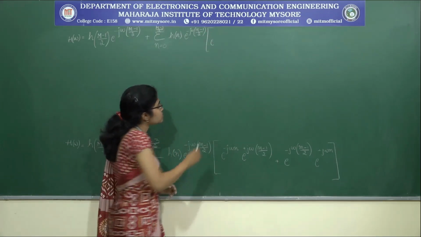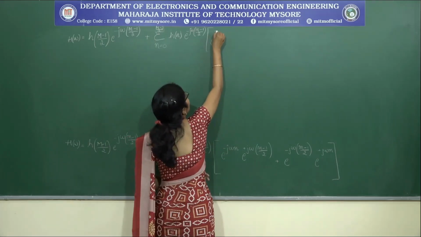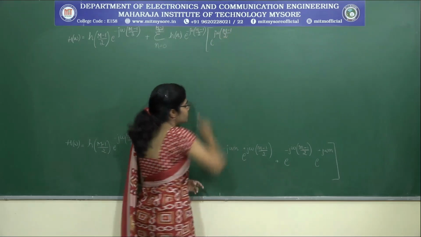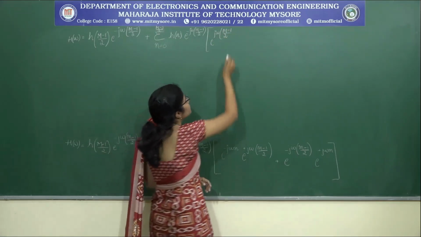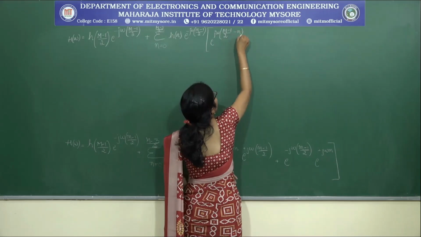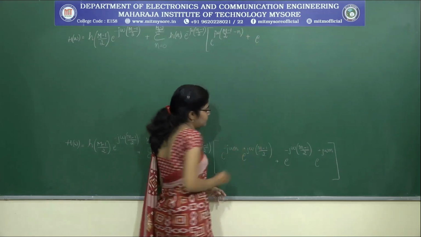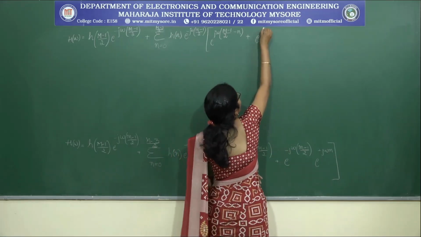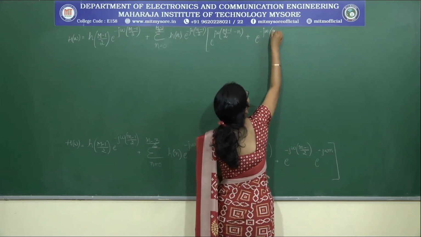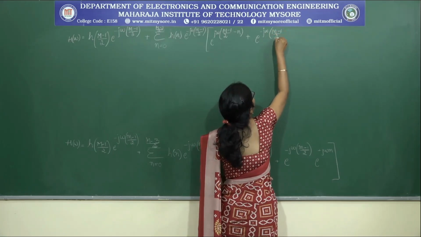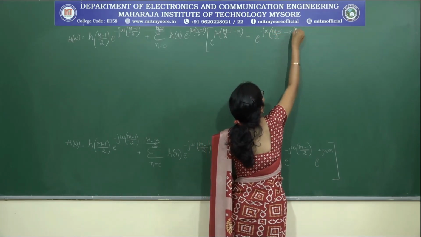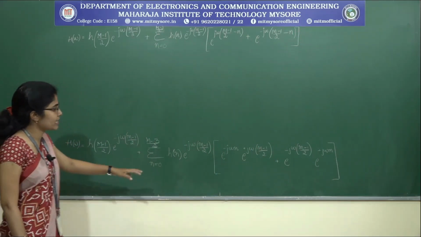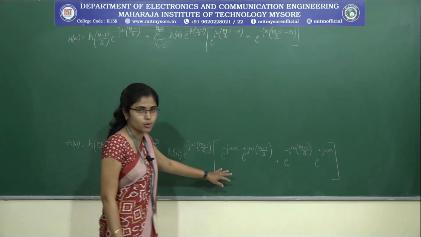In these two terms I will take e power j omega as common factor. So (m minus 1)/2 will be left out in this term, and here it will be minus n, plus e power. Again here I will take minus j omega as a common factor, minus j omega ((m minus 1)/2 minus n). So this is the equation which we are going to get after taking the common factors of exponential terms.